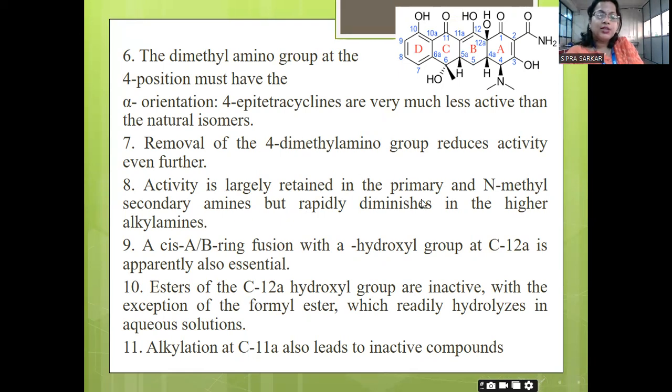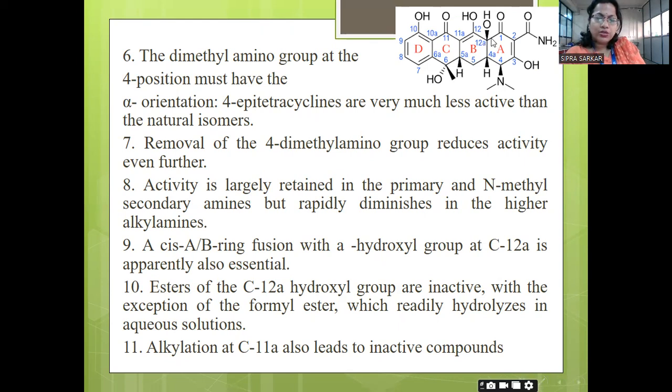Activity is largely retained in the primary and N-methyl secondary amines, but rapidly diminishes in the higher alkylated amines. That is already discussed. At the N position, the dimethyl group is present. If a higher alkyl group is present, then it will rapidly decrease the activity. A cis A ring and B ring fusion with the hydroxyl group at the 12th position.